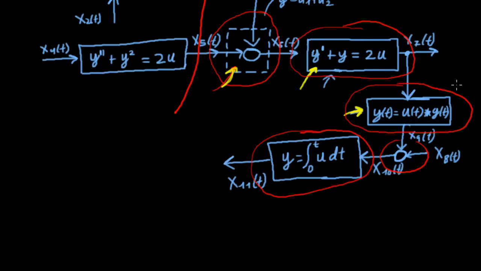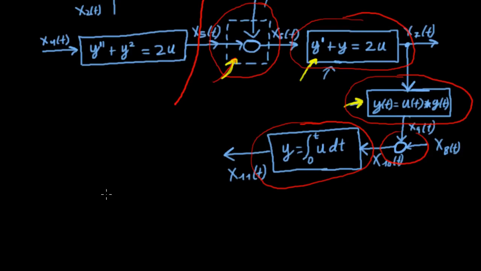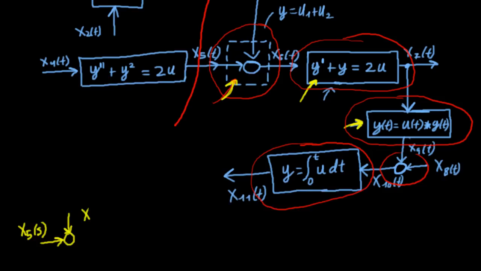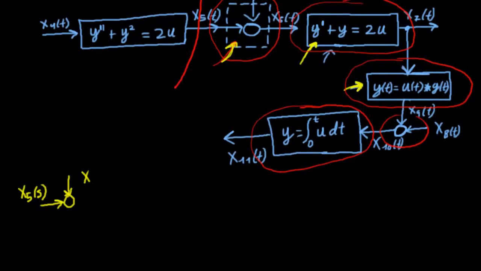We'll begin here. The Laplace transform of the sum is obviously just another sum, and the input would be x5 of s and x3 of s. Now we can Laplace transform this differential equation.